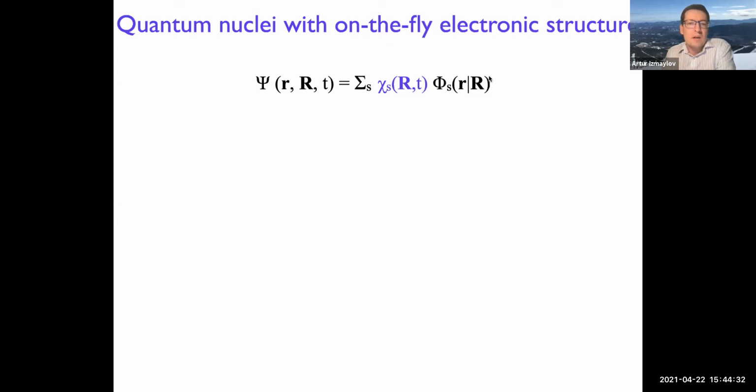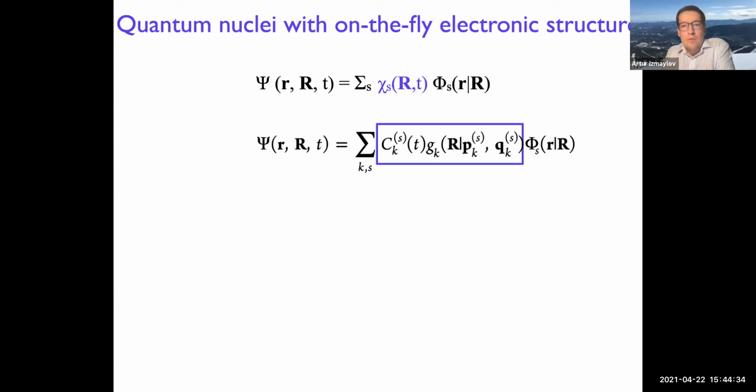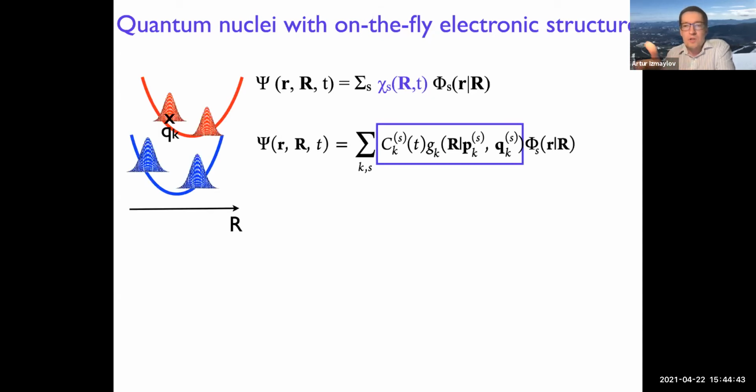And natural nuclear representation is a linear combination of Gaussians, because Gaussians are relatively compact. And so we need only to consider electronic structure problem in the vicinity of the Gaussian center. So the way it works is that essentially the nuclear wave function in every electronic state is represented as a linear combination where the coefficients are time dependent.